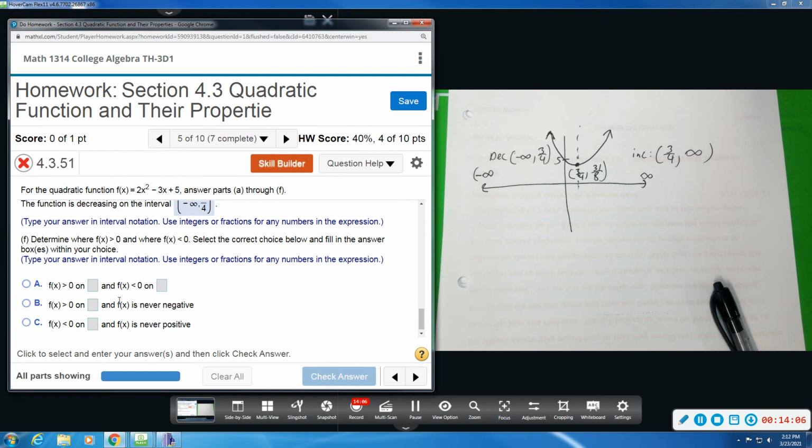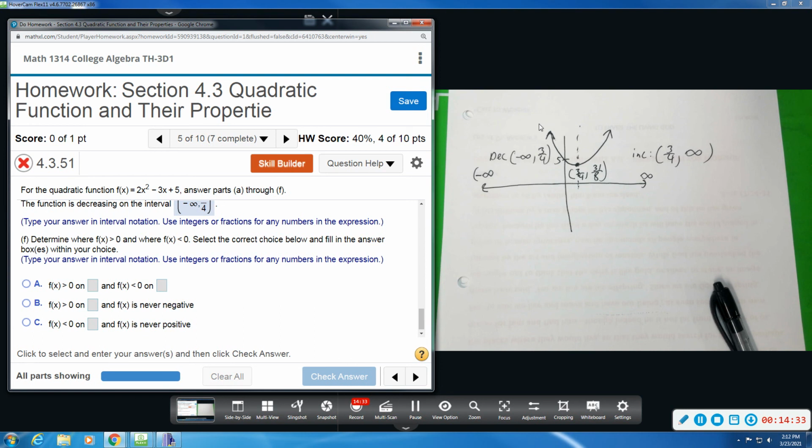All right, so the last part, we want to know where the y value, remember f of x stands for y, is above 0, so that is the x-axis, this 0 line, and you can see the whole graph is above. And we also want to know where the y value is below 0, so what part of the graph is below this 0 line. Again, we describe it based on the x-axis.